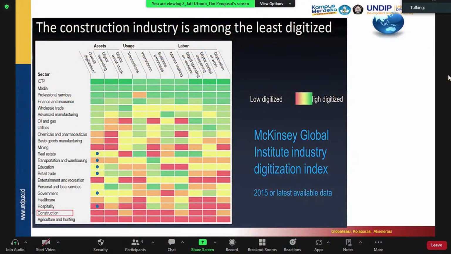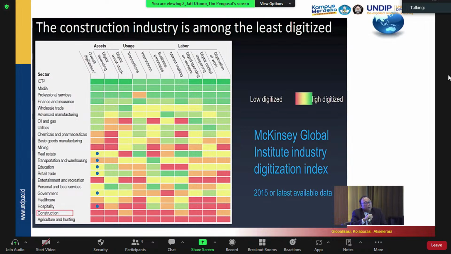Okay, yes, indeed, construction is just one level better than the agriculture and hunting industry. According to your question, it is not an easy thing to answer, to be honest, because in Indonesia the players of the construction industry vary so much.